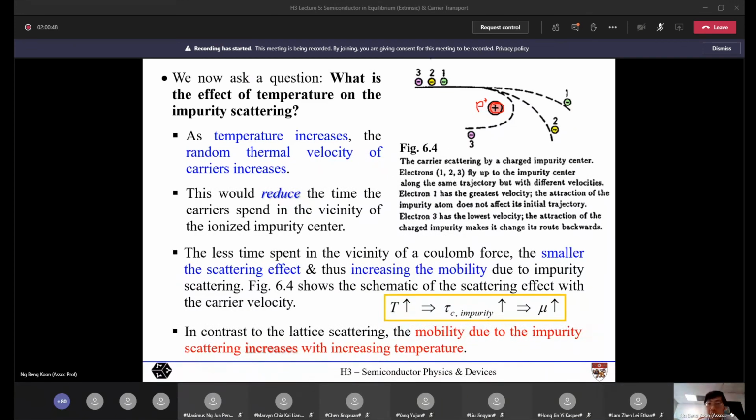So then let's see how these ionized impurity atoms affect electrons at different temperatures. Here we are considering 3 different electrons with different temperatures in the semiconductor.